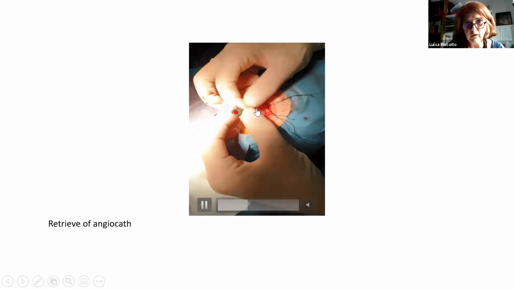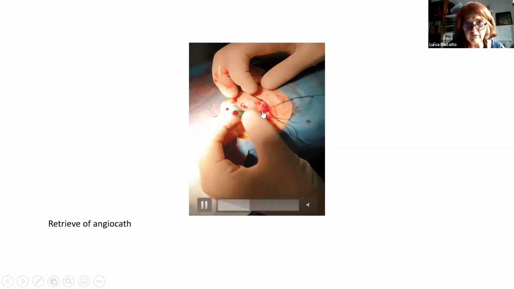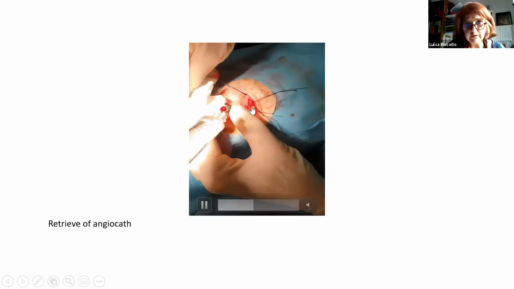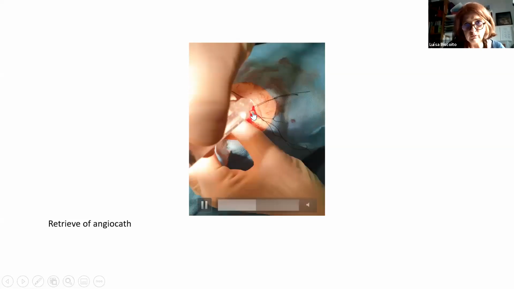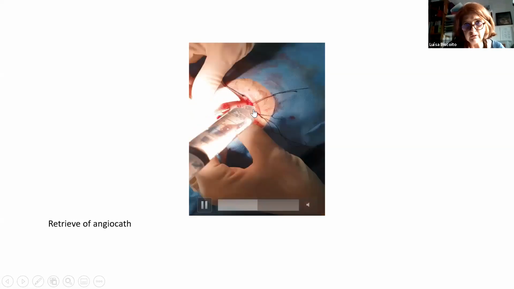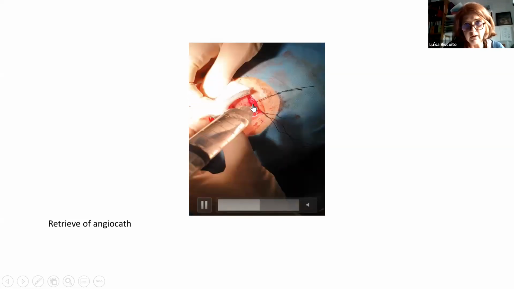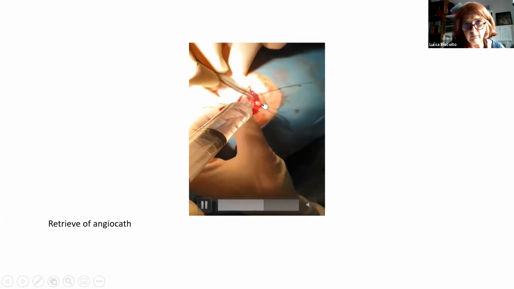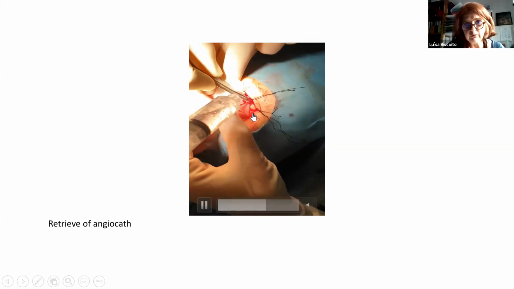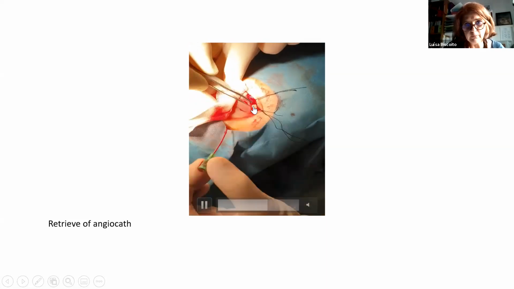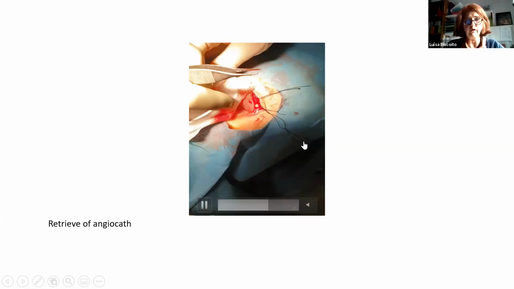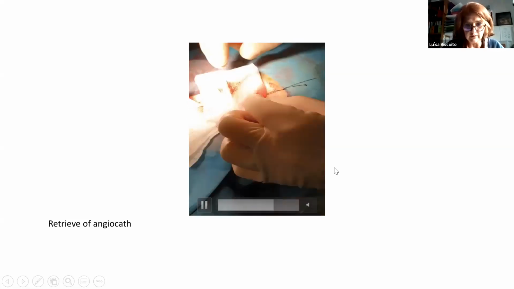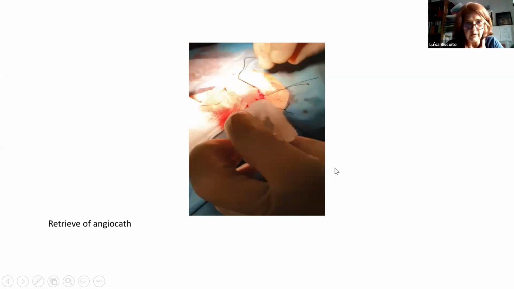I did not want to destroy the vein, so we put a little bit of saline serum to hydrate, because maybe it was without humidity, and then with a little bit of help here, it came out very well without any problem. And you see that there is no more bleeding, and just a little bit of compression, and nothing more.